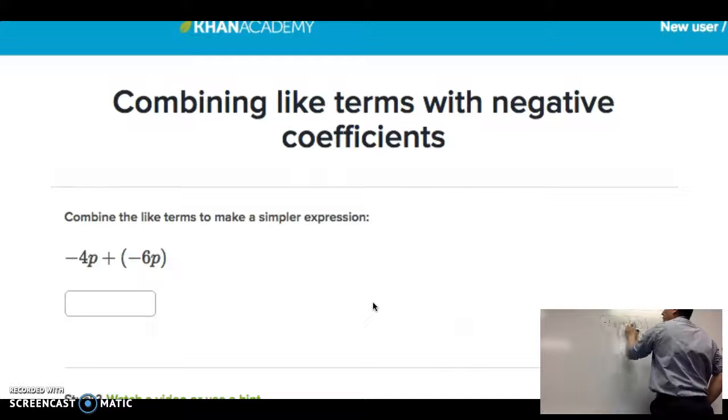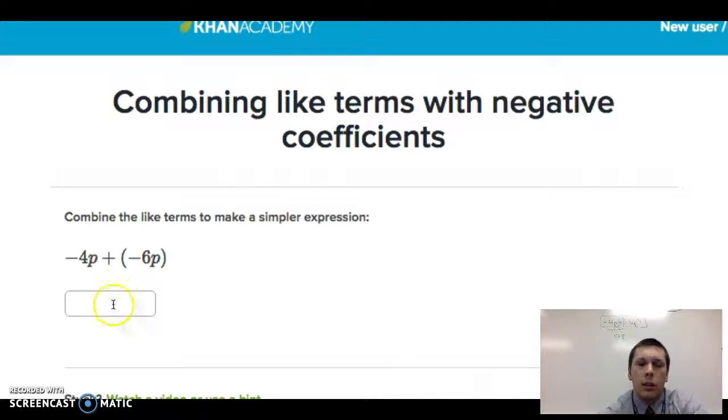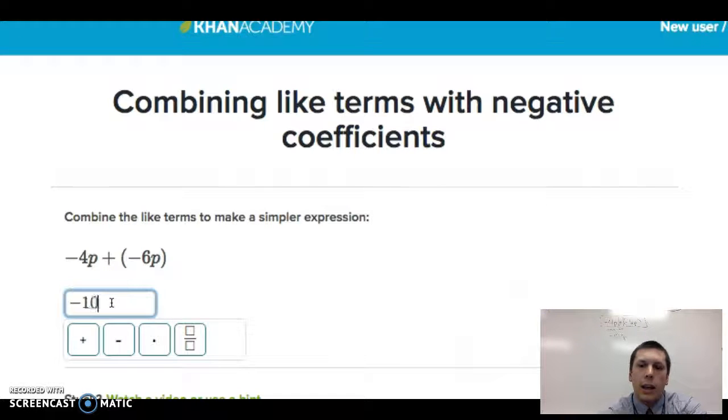Well, if you look at your coefficients, negative 4 and negative 6, negative 4 plus negative 6 is equal to negative 10. So I have negative 10p. So if we type that in, negative 10p.